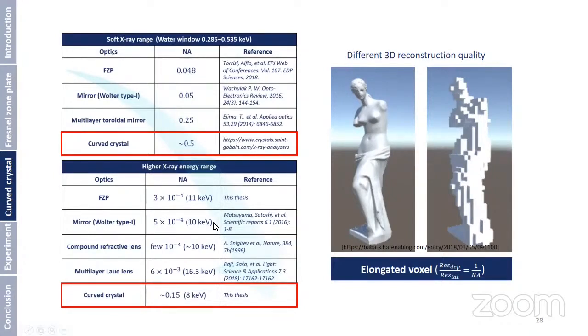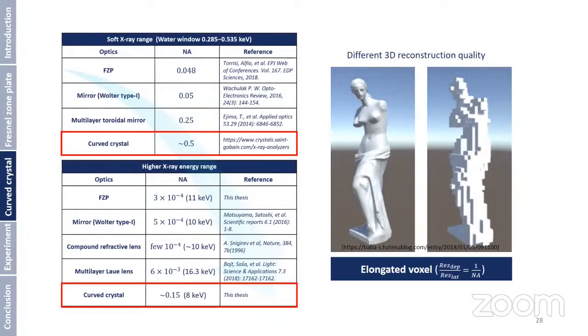So the reduction of numerical aperture will result in the elongation of the voxel, which means the loss of the quality of 3D reconstruction.